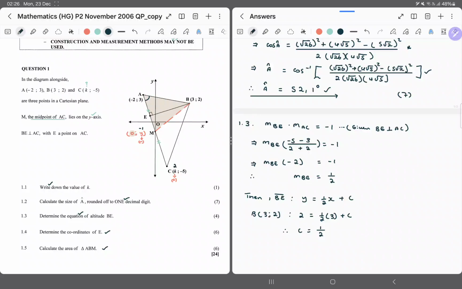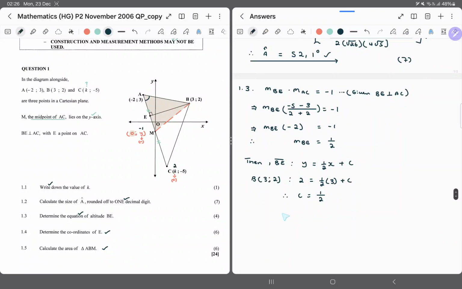Interesting. You know most of these things. But hey guys, don't trust your mental calculations there. Just confirm on the calculator in case there is a mistake. So we know that y is going to be half x plus a half. So that's the equation.